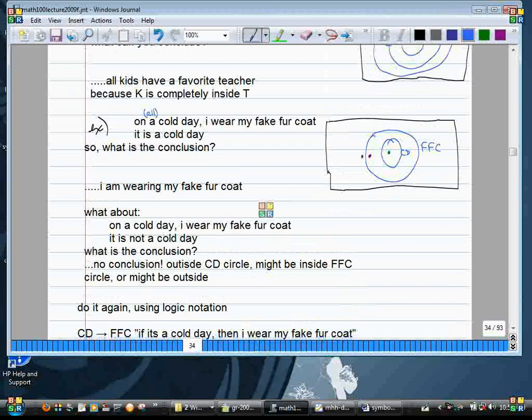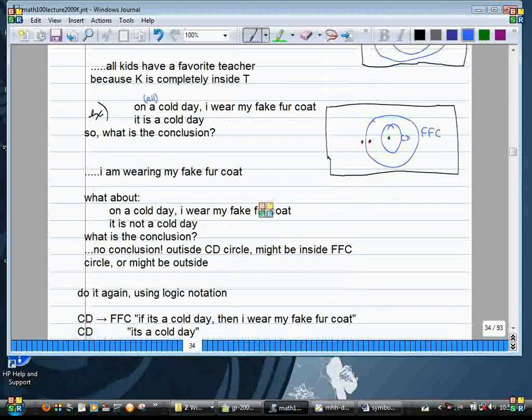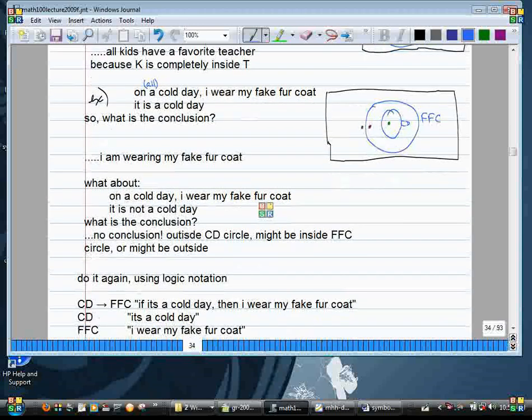In abstract, we'd say P, but what notation are we using here? CD. Okay. So we know CD. So from these two statements, what are we able to conclude? Right, so the conclusion is I'm wearing my fake fur coat. And what's the notation for that? Right, the initials here. So draw a line here. So that's the conclusion.